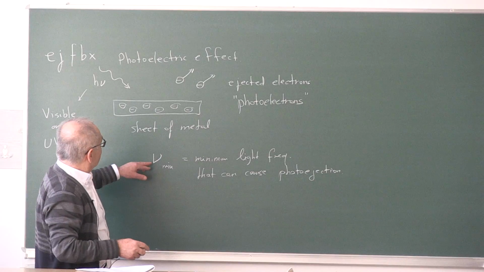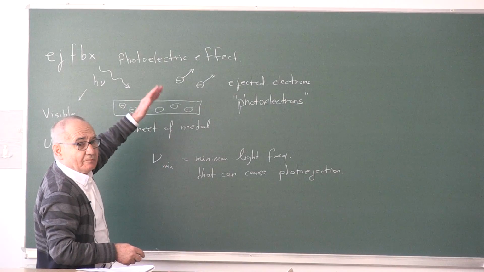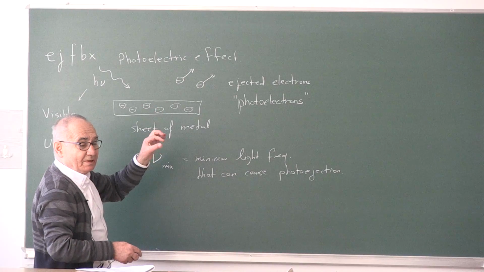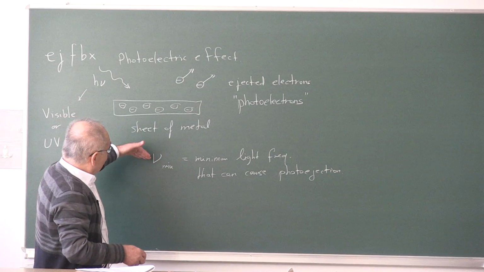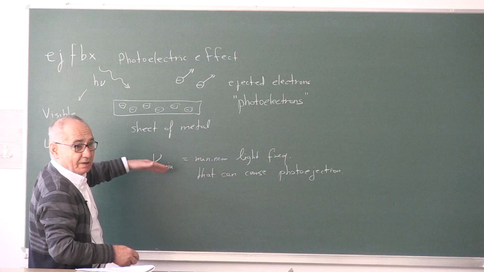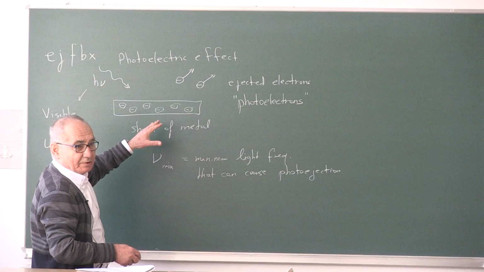If the light frequency is larger than this minimum value, then photoelectrons are produced. And this is the minimum value at which photoejection starts. For frequencies smaller than the minimum frequency, no electrons are ejected. These are the experimental observations.